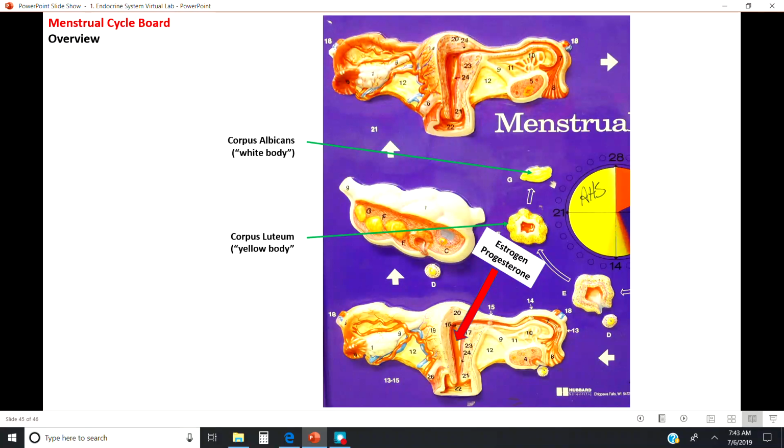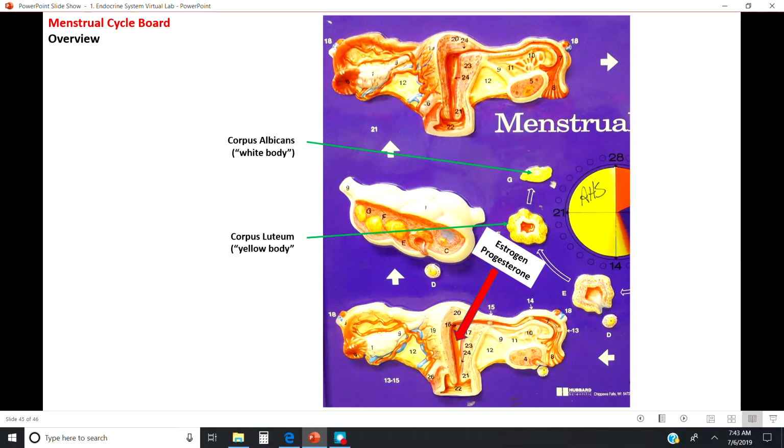At that point, if there is no signal that there's a zygote, a baby, then this corpus luteum will start to disintegrate. It will start to break down and not produce any more estrogen and progesterone, or the levels of estrogen and progesterone will decline. And the corpus luteum then will become the corpus albicans. Again, that corpus albicans only forms if there is no pregnancy.